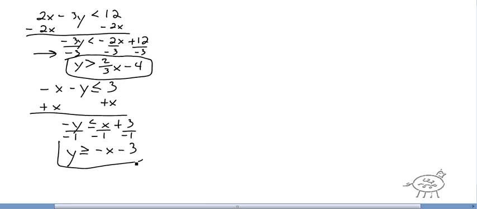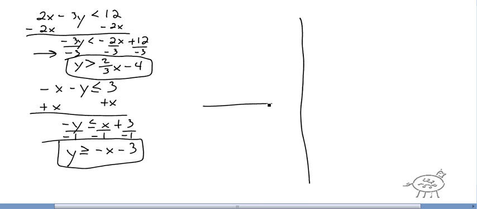And that's your other equation we're going to graph. Okay, so it's really simple now. Just make a quick sketch here. First one, y-intercept is negative 4, and it's up 2 over 3. It's a dotted line.